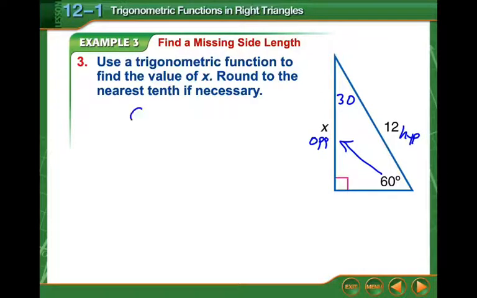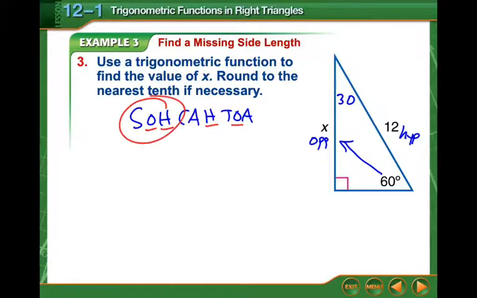So if we look at SOHCAHTOA, we need to figure out which one has the opposite and hypotenuse, the O and the H. So it's sine. So we're going to do the sine of 60 is equal to x over 12. Well, the slide we just looked at told us that the sine of 60 is the square root of 3 over 2.